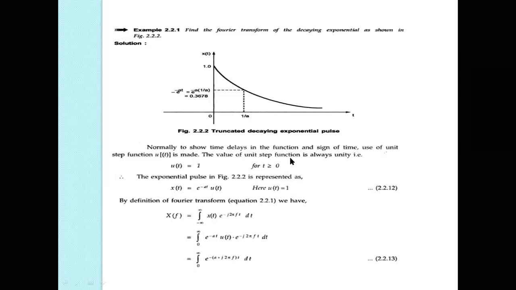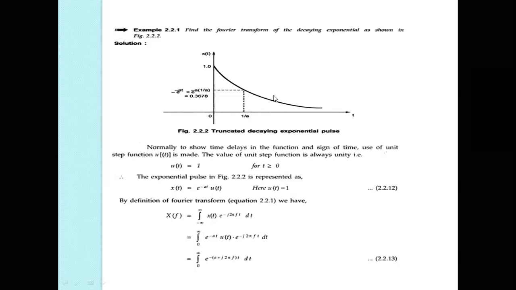The value of the unit step function is unity for t greater than or equal to 0, but for t less than 0, its value is 0. For the negative real axis, all the values are 0. For the positive real axis only, the unit step function is unity.